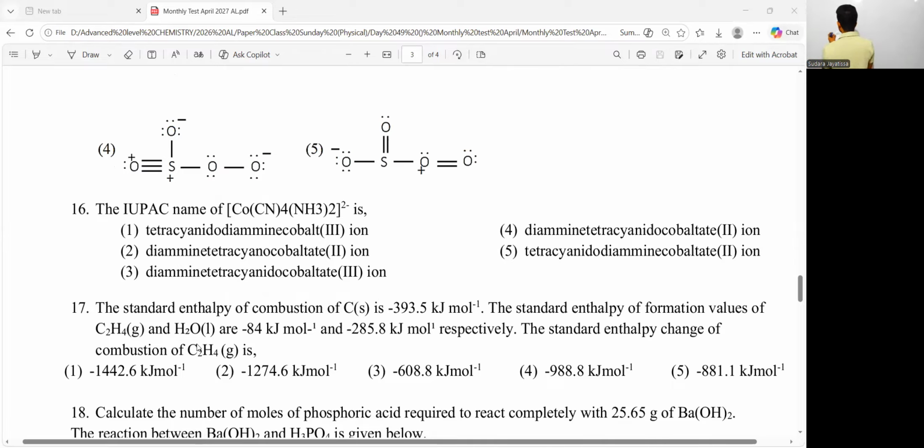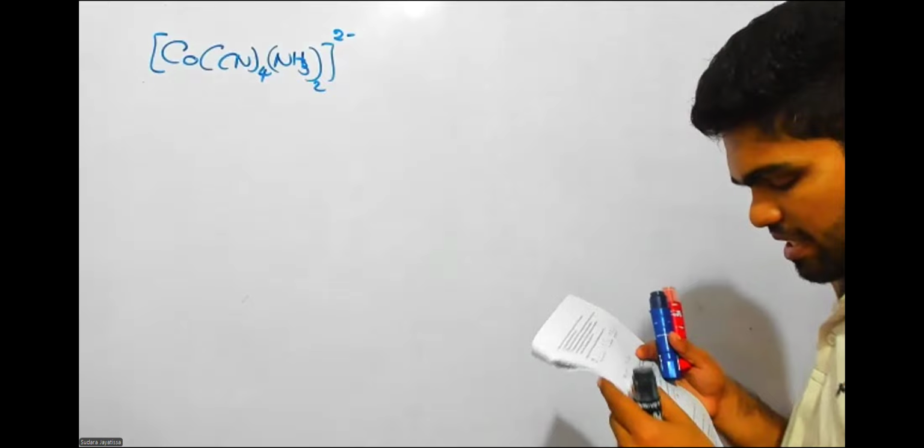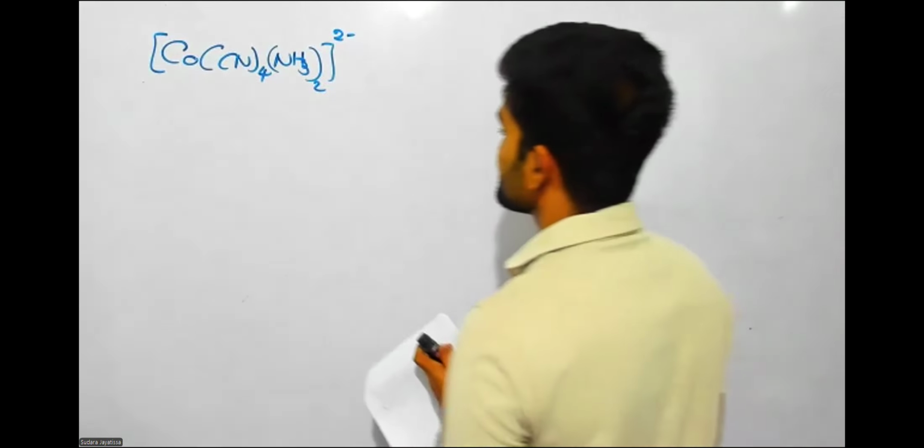Let's write it on the board. Co(CN)4(NH3)2 and a 2 minus charge is there. Okay. So we need the IUPAC name of this.